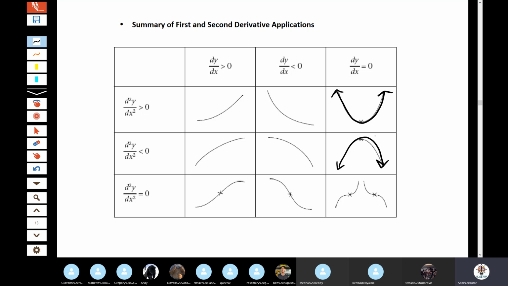Well, this one here is decreasing fast. This one is increasing slow. This one is decreasing slow, whereas this one is increasing fast. Does anyone actually not see the slow and fast? You've got to make sure right now. All good?